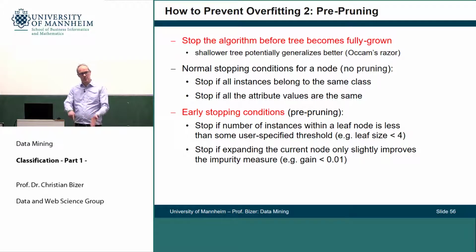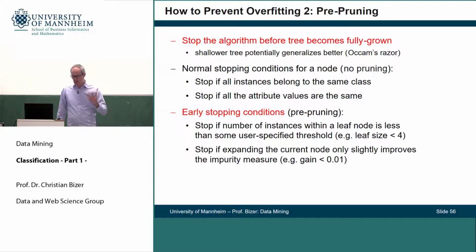We basically stop the learning process early, have shallower trees that are not as good on the training data, but which might work better on the test data. Again, in the next lecture, we will look at the setups that we use for estimating what works well on test and training and how we do these splits.